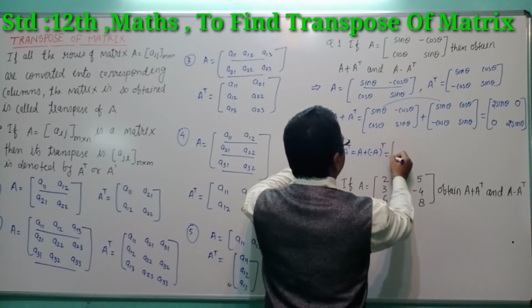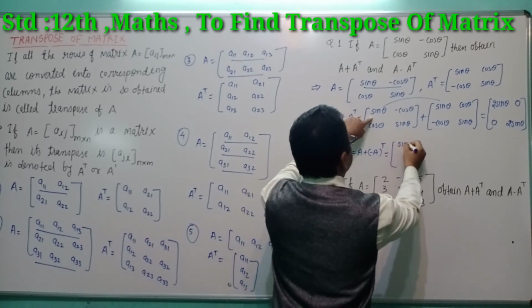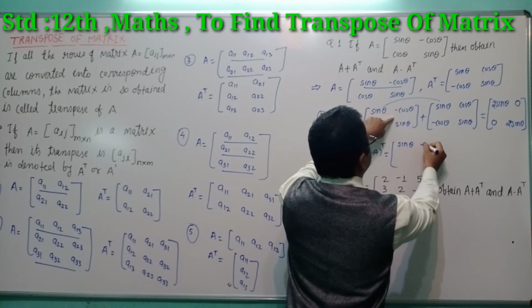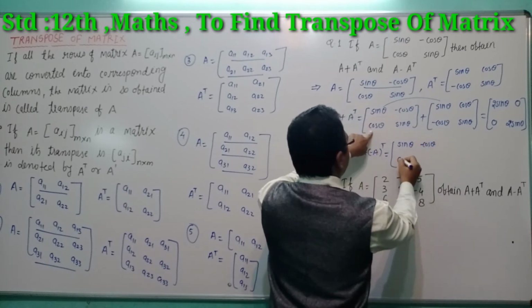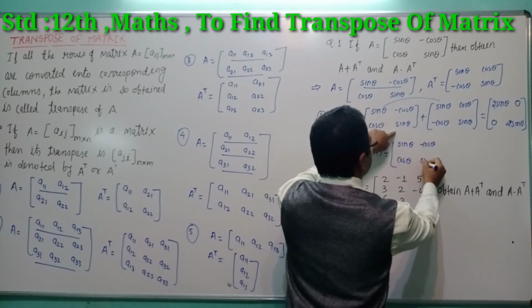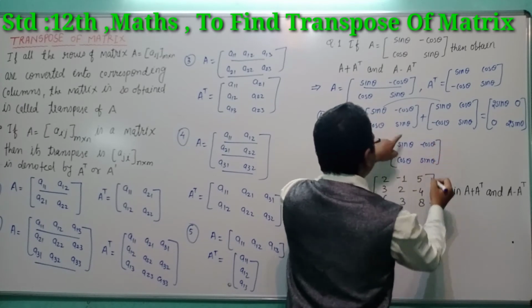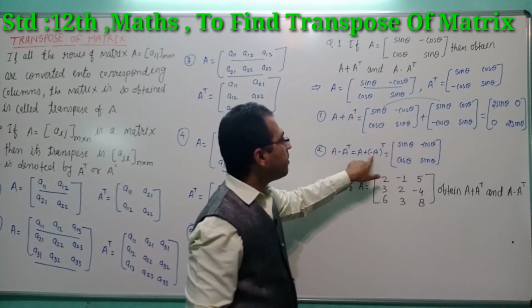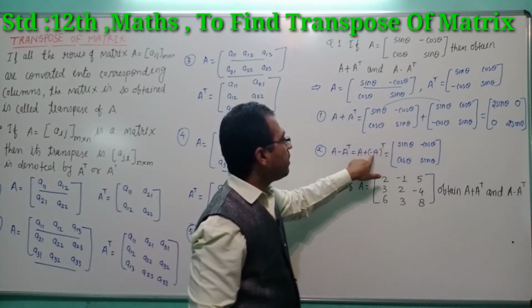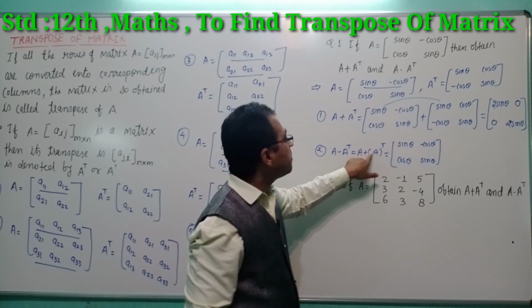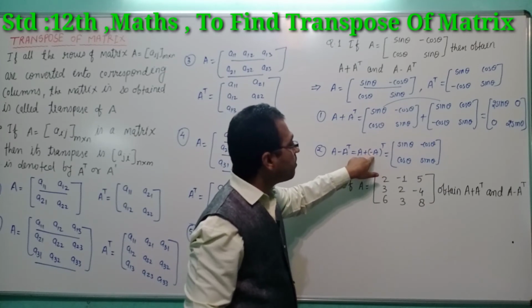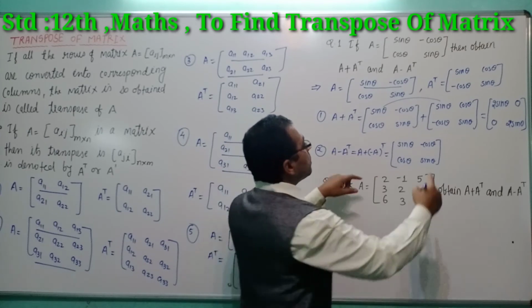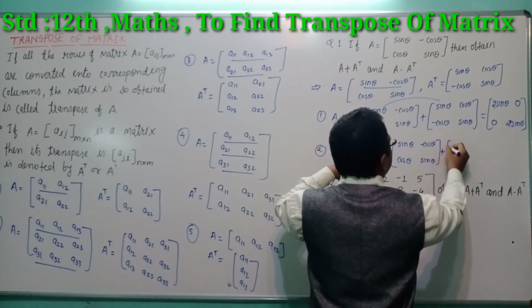What is A? Sin theta, minus cos theta, cos theta and sin theta. Now here you have to write the transpose of A multiplied by the minus sign, so you are writing plus over here.